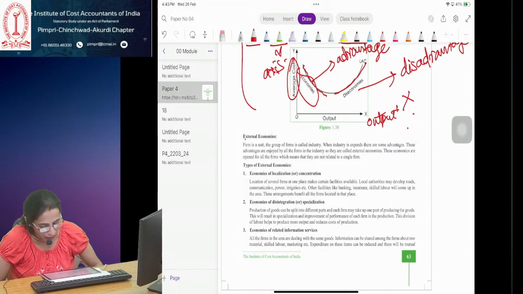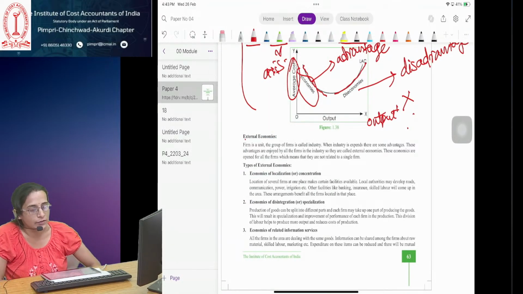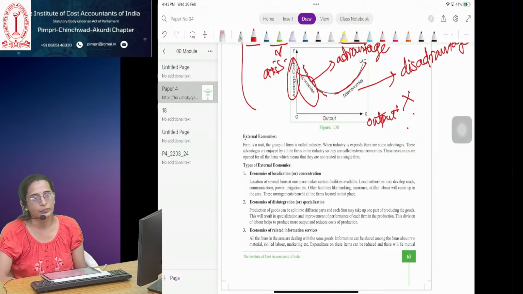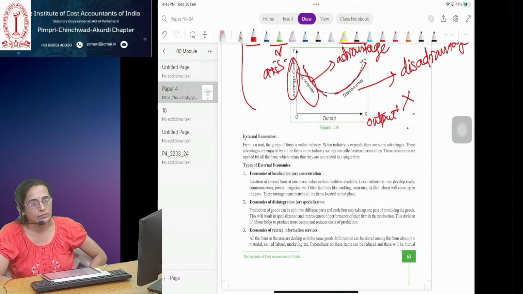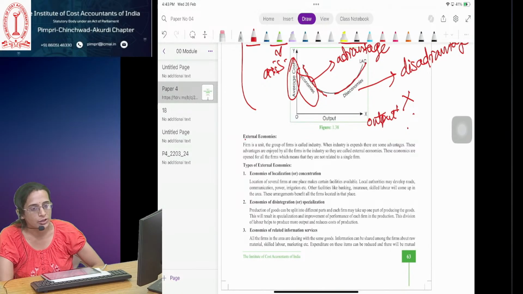First, they are saying economies of localization and concentration. See, if the scale of production of automobile companies increases, what will happen if the automobile companies concentrate in a particular area? In that area, the roads, the bridges and the transport facilities will become good.